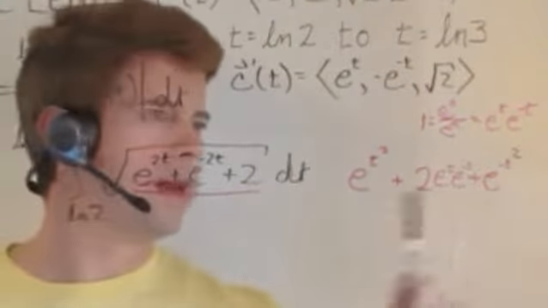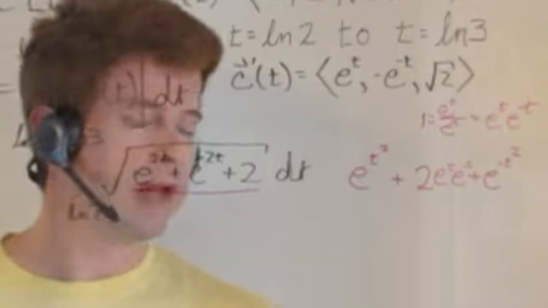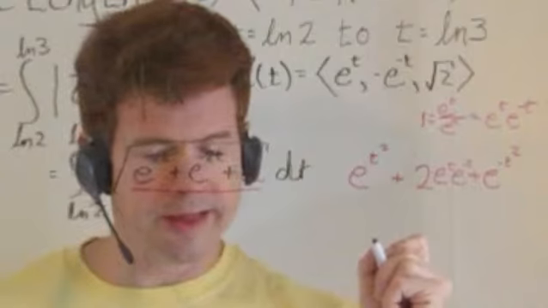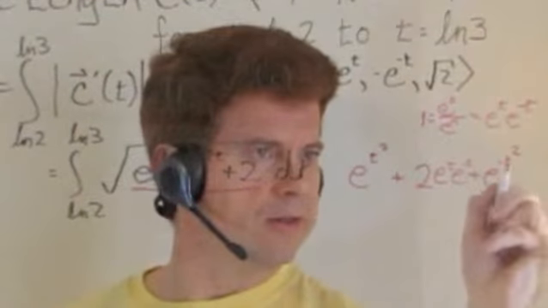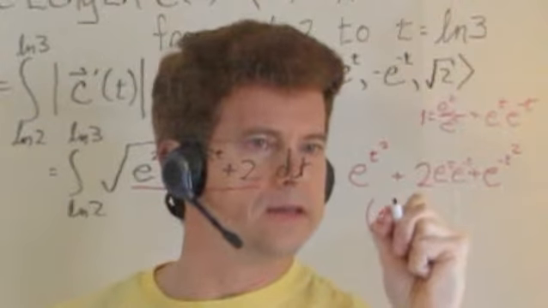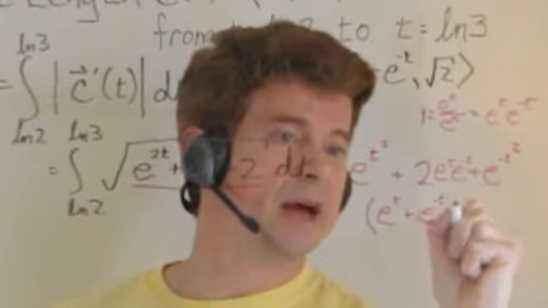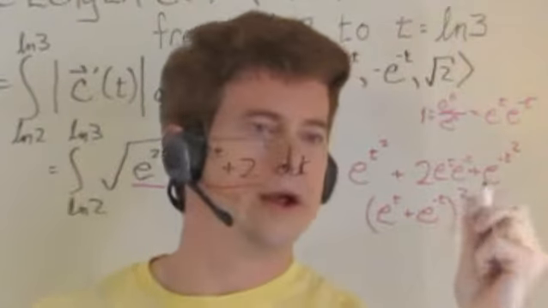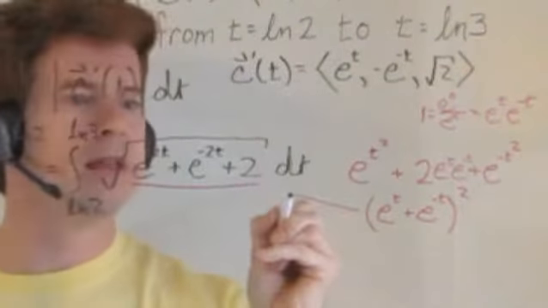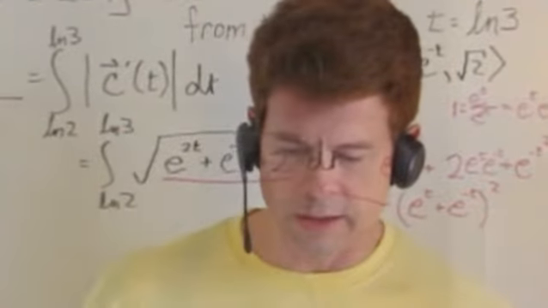Okay, so now we're starting to see what's going on here, and actually we will come up with a relatively elegant solution, because what we're seeing here is actually a square of e to the t plus e to the minus t, squared. So now we have something that we can take the square root of, and then integrate.